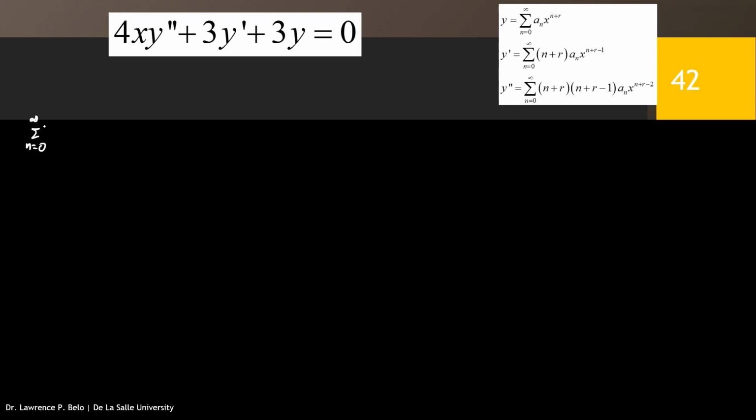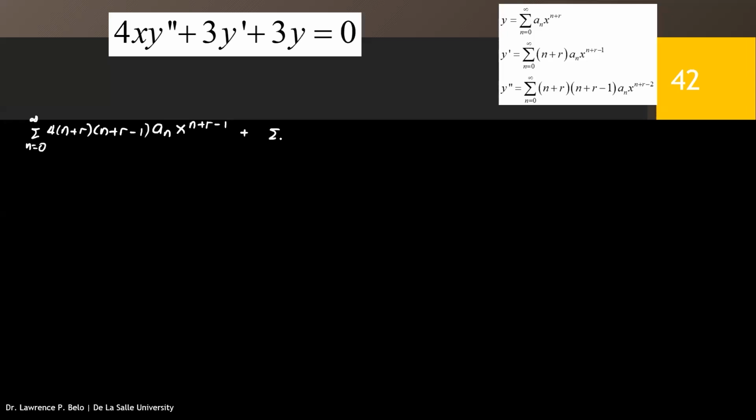summation from n equals 0 to infinity of 4(n plus r)(n plus r minus 1) a sub n. Instead of x to the n plus r minus 2, there is an x here. So that means this is x to the n plus r minus 1 only.